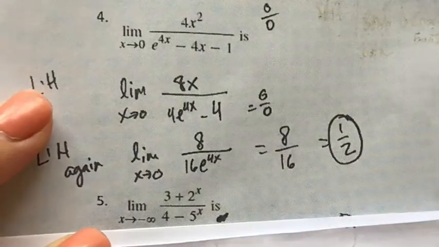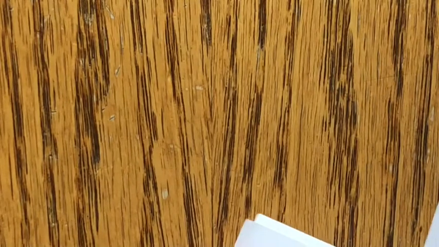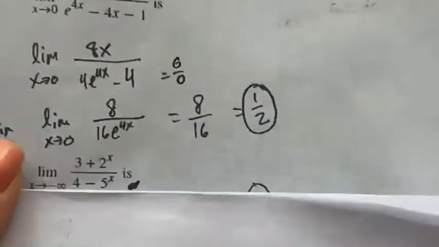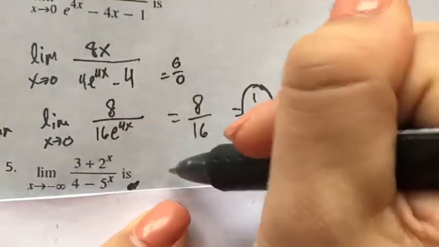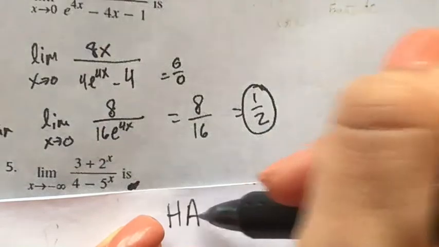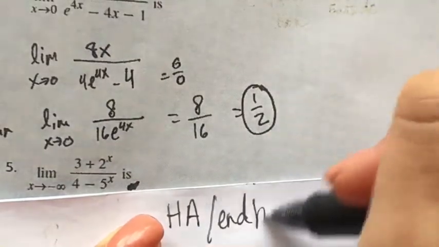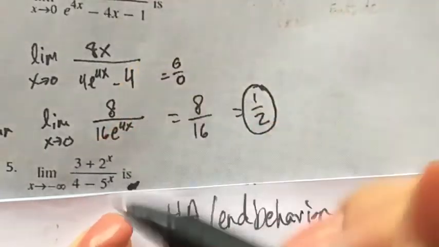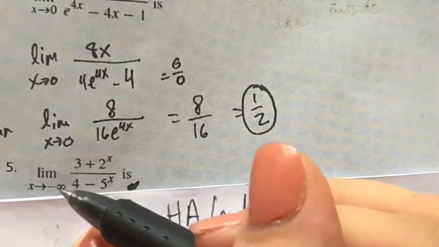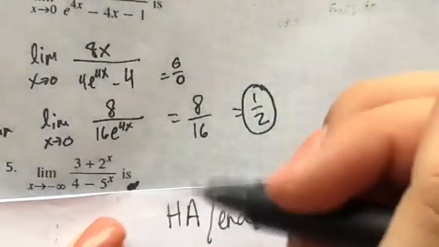Okay, for this next one, number 5, with x approaching infinity or negative infinity, you want to think horizontal asymptotes or end behavior. So you're just thinking, all right, what is going to happen when x is going towards negative infinity?